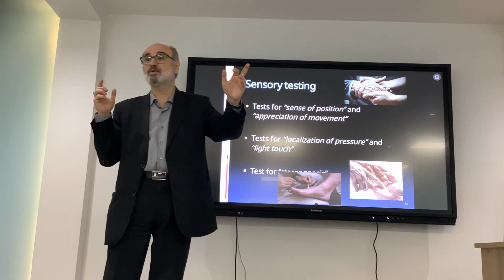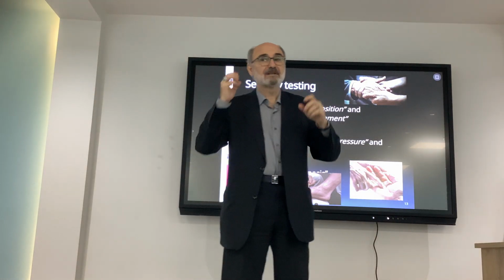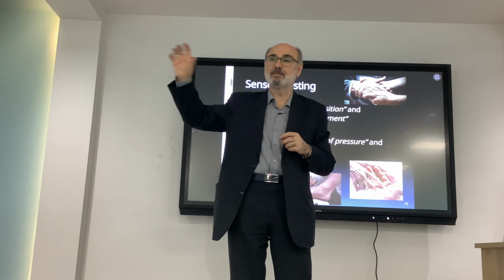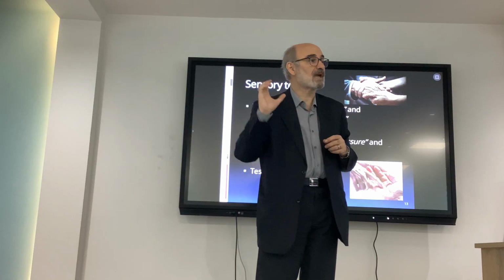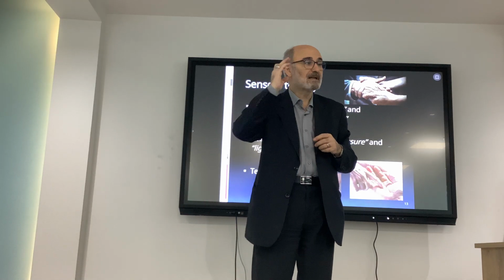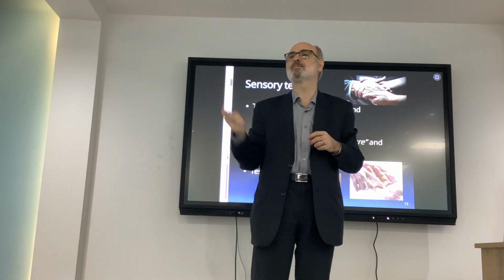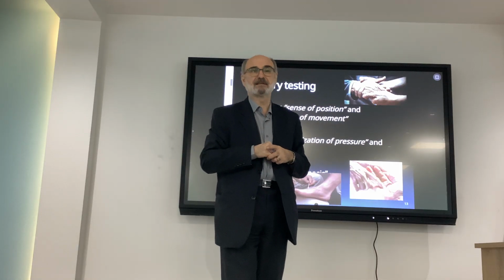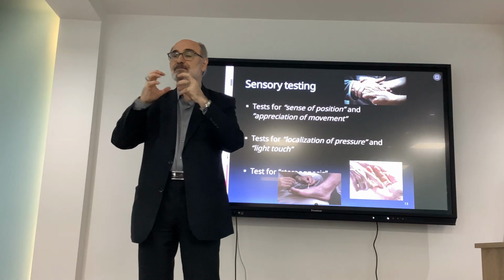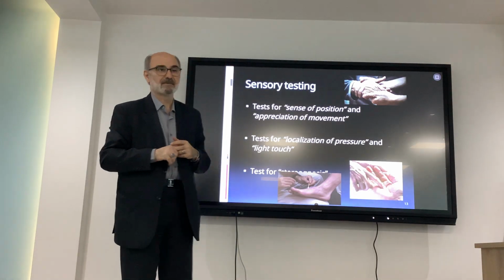If he is reporting the correct answer, then the processing is performed normally in the parietal lobe. If the patient with a stroke is reporting a wrong answer, then there is a problem with sensory processing in the parietal lobe of the brain. Therefore, it's a test of somatosensory processing in the brain, the parietal lobe specifically.